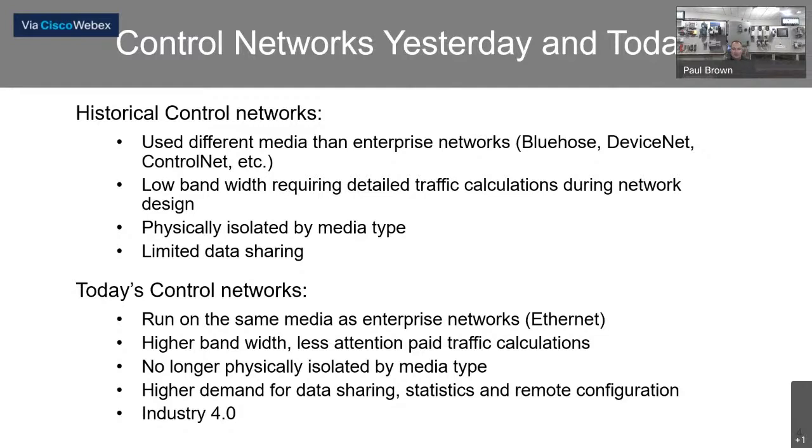Data Highway Plus, Remote I/O, running on what was referred to as Blue Hose, DeviceNet, ControlNet, and other control networks. These networks were historically low bandwidth, requiring detailed traffic calculations during network design to ensure that all your cycle times were properly met. These networks were also physically isolated by the media type.